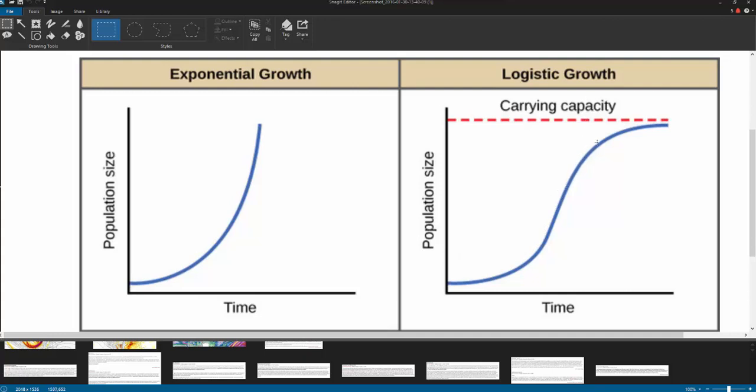It then begins to level out, and it actually follows parallel to something we call carrying capacity. We talked about carrying capacity, I believe, in the last chapter as well. Just a reminder that carrying capacity is basically what our Earth can sustain. Our Earth can sustain a certain population size.